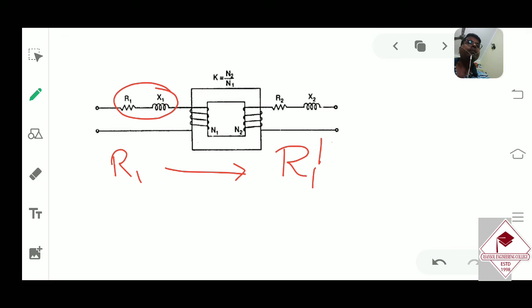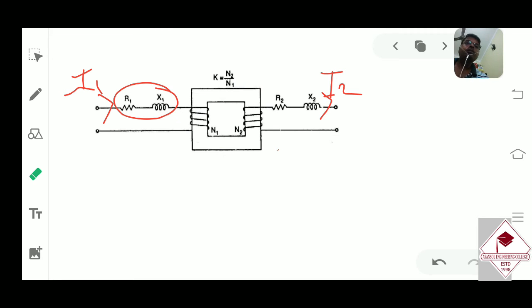It depends on this K. Let us see how. The concept is: how much current is flowing in the primary side? I1 current is flowing. How much current is flowing in the secondary side? I2. So based on the concept of copper loss, we will decide.